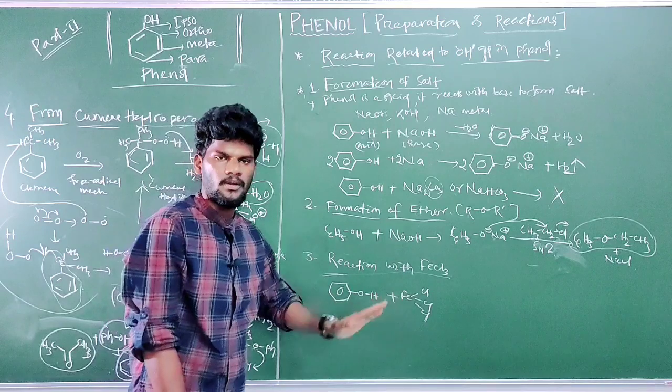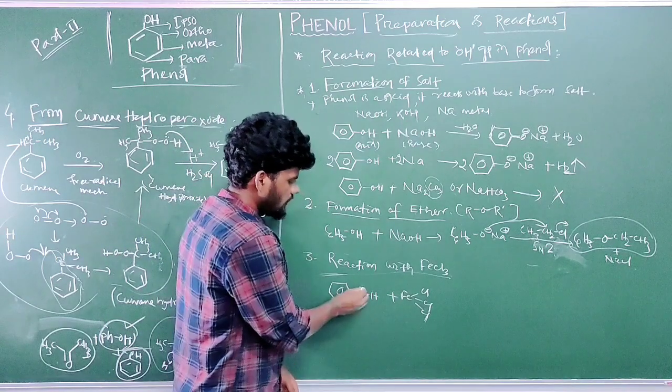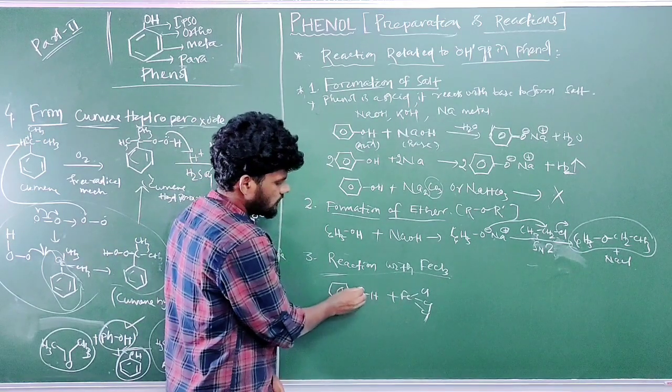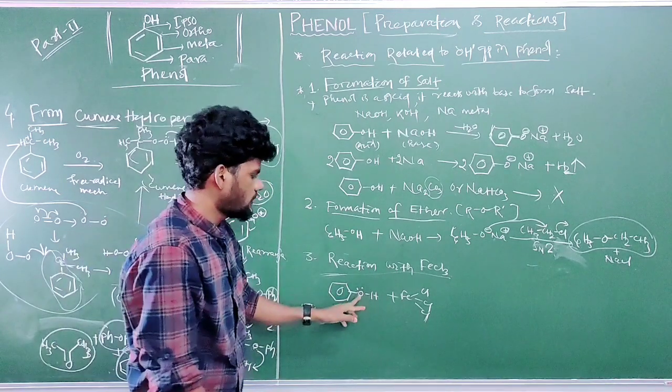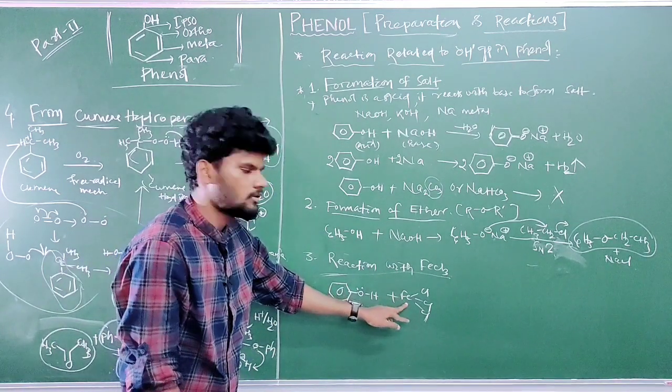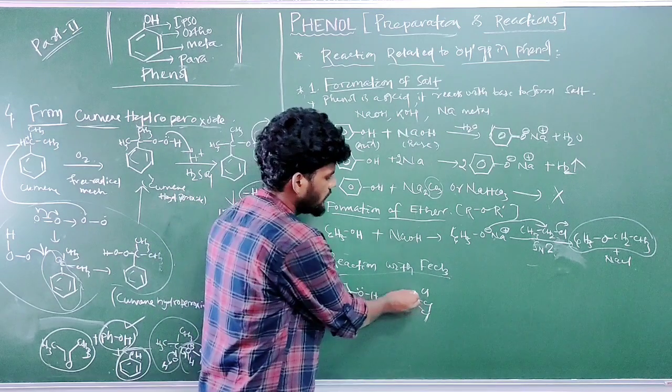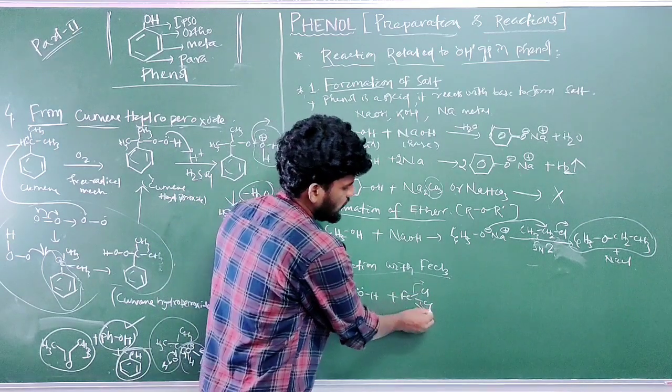It behaves as an electrophile, and the nucleophile is the oxygen with its non-bonded electrons. So the iron atom is the electrophile, and the three chlorine groups are leaving groups.